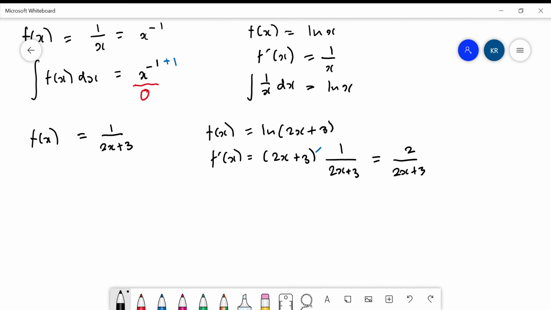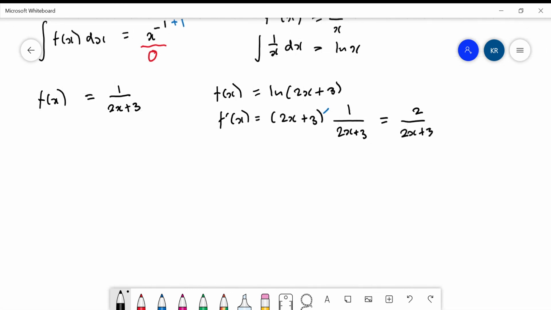So integration, as we know, is the opposite of differentiation. So we basically go in reverse. So if we integrate that, we would have 2 over 2x plus 3 here. The first thing which we do is we make it into 2 ln of 2x plus 3. That's the first thing which we would do.